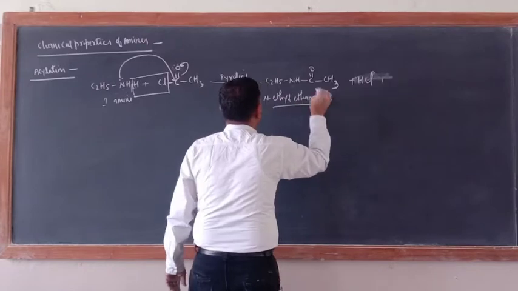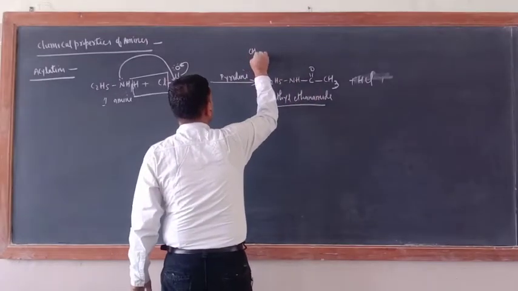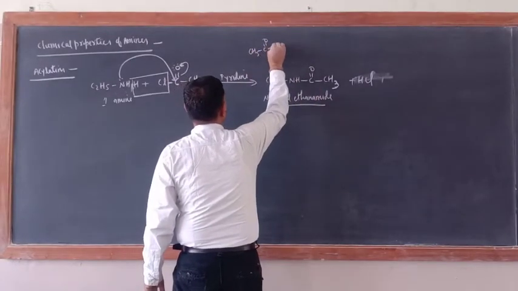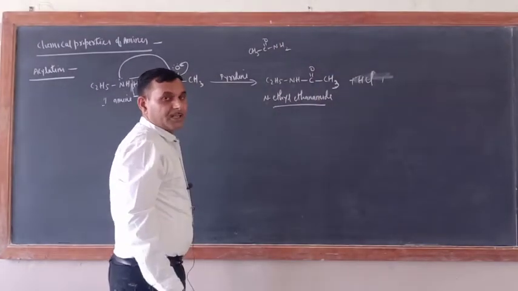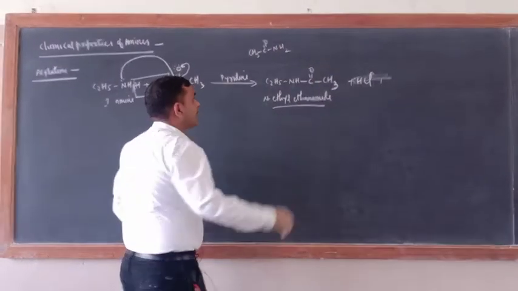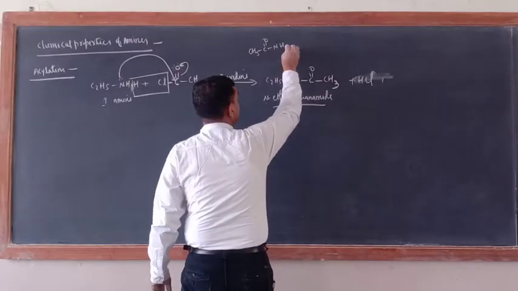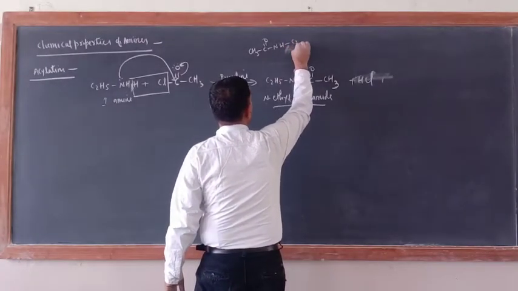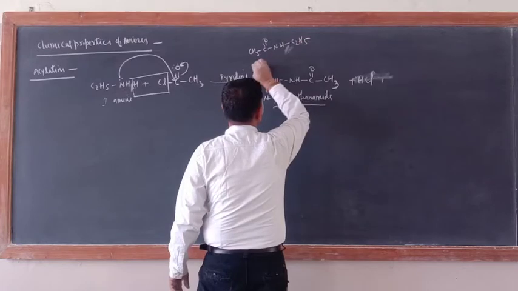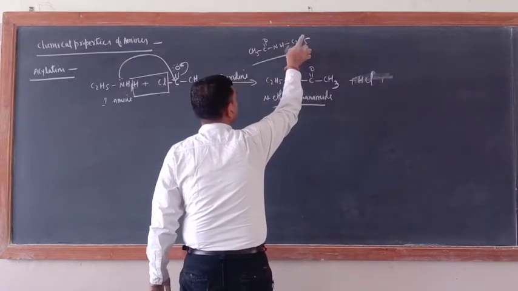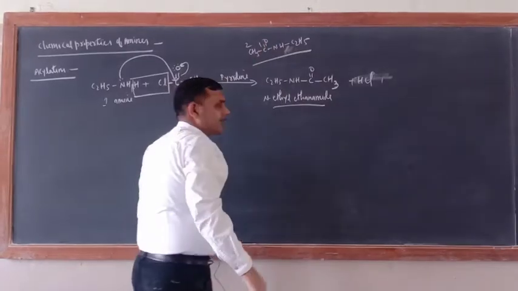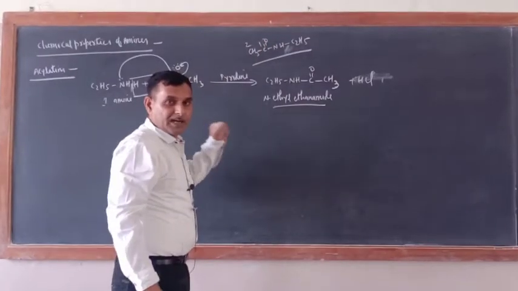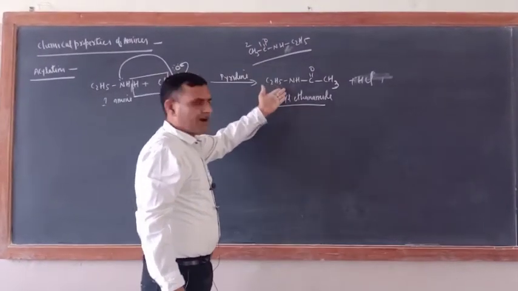N-ethyl ethanamide. Actually this is CH3CONH2. Correct or not? This is ethanamide, an amide. If anyone replaces one H and C2H5 gets added here, what would be the name? N-ethyl ethanamide. So the same compound is here.